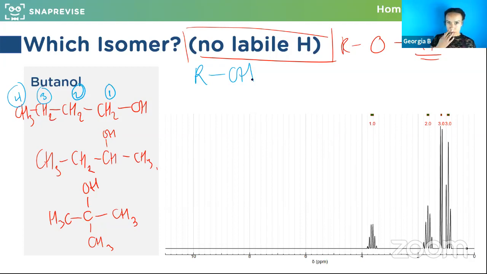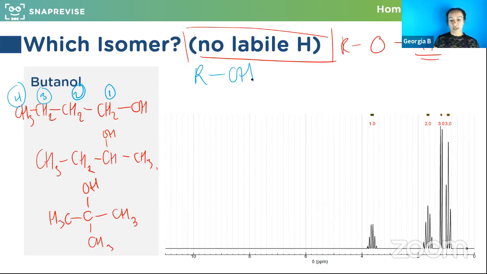So people are asking me, what does labile mean again? What about the proton in the OH? So labile, the word itself just means sort of like changeable. And a labile hydrogen is usually one either on an alcohol group or an amino group or a carboxylic acid group. It's a proton that can come and go quite easily in solution.